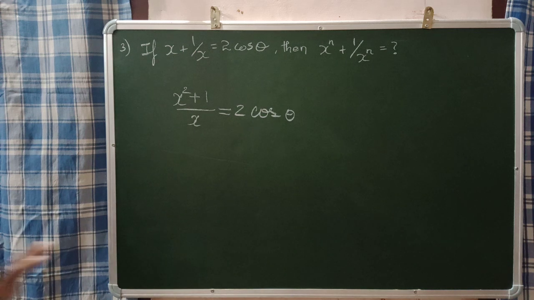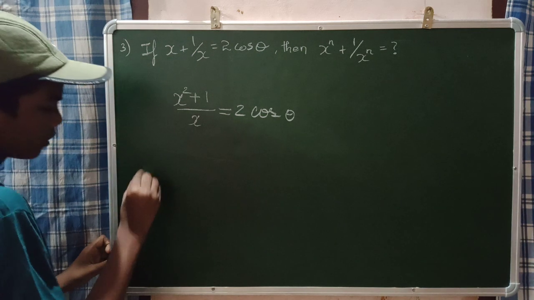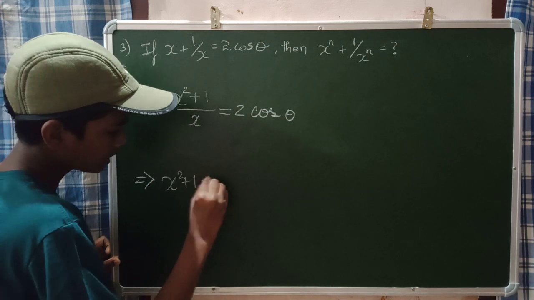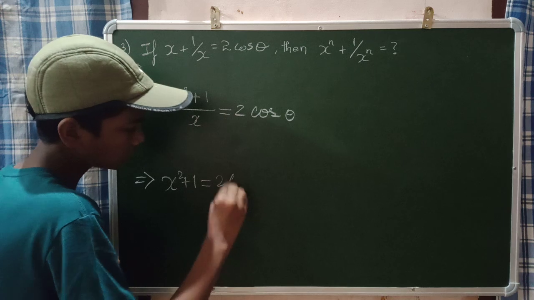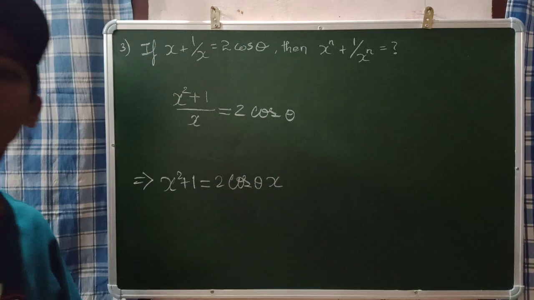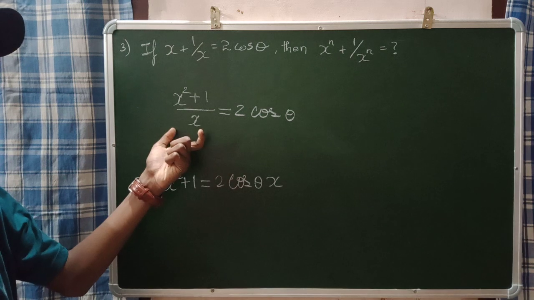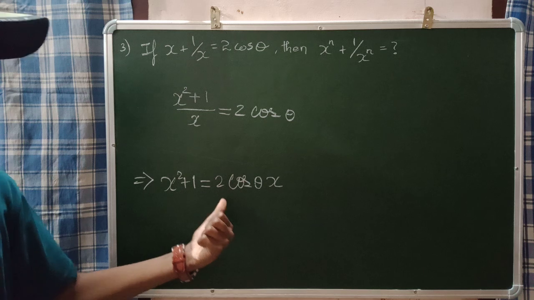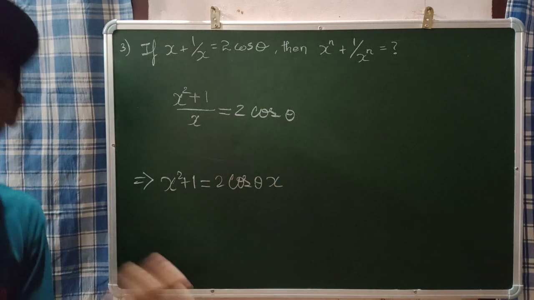That's all I did. Now this can be written as x square plus 1 is equal to 2 cos theta into x, when you cross multiply. When you take x to the RHS, you will just multiply. So x square plus 1 will be nothing but 2 cos theta into x, just by cross multiplying.